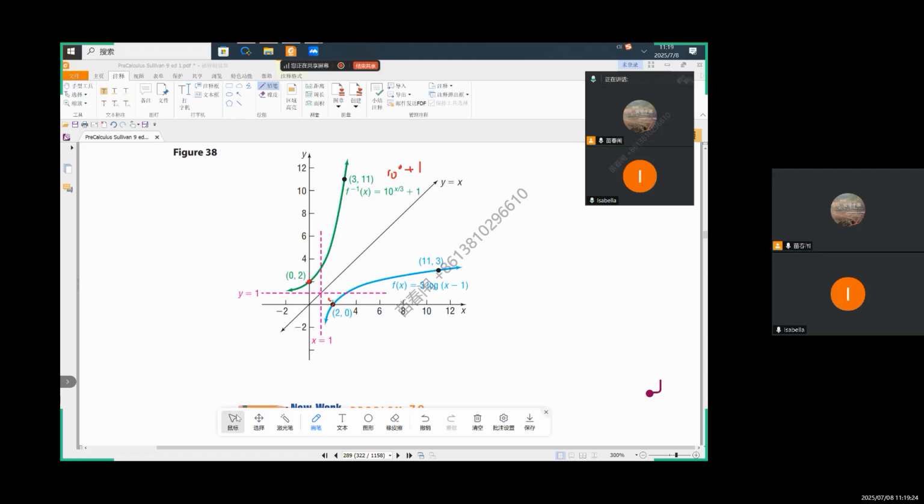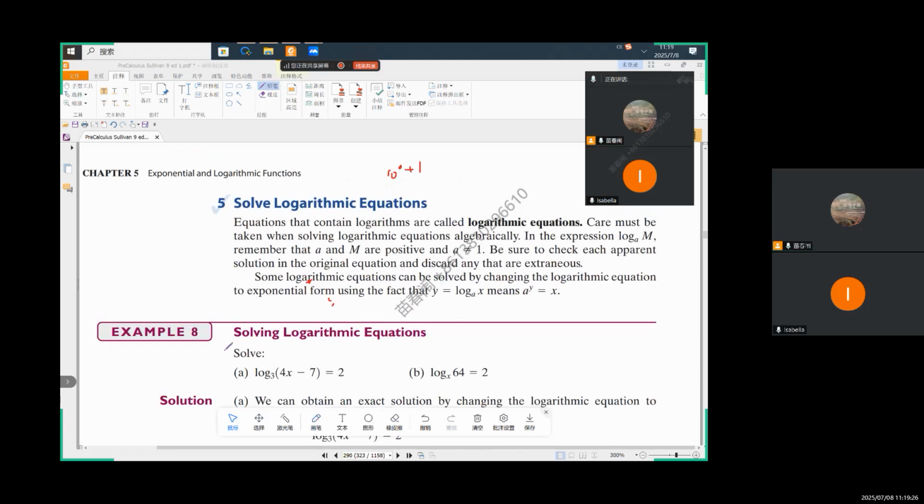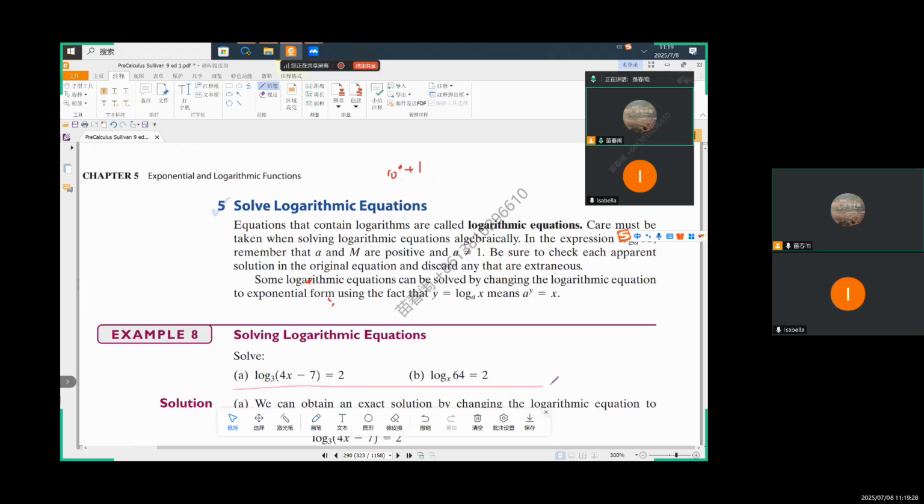Okay, let's see. Solving the equation. You can still use your basic definition.